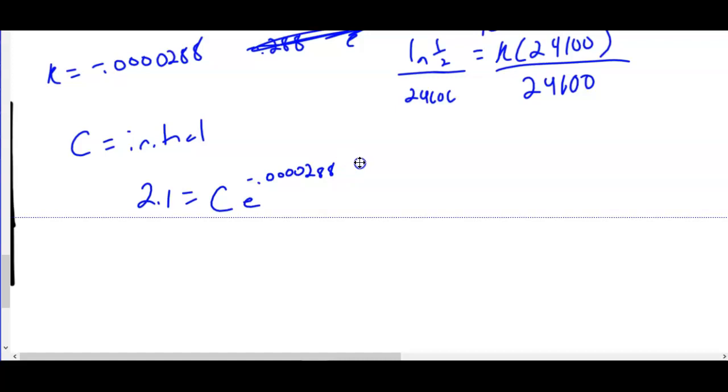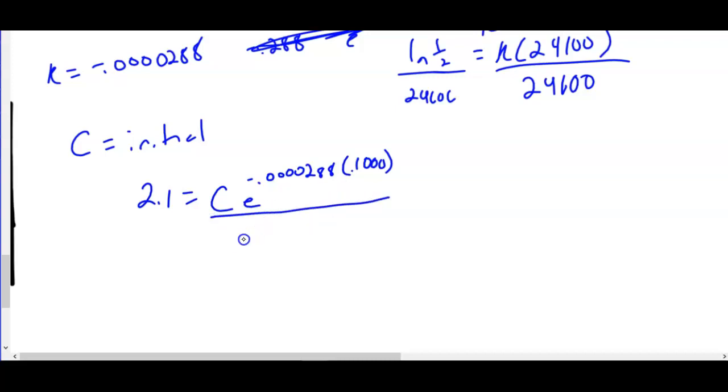Times 1,000 years. It told us 1,000, so we don't need that other number. We need 1,000 years. Sorry about that. So now we just solve it. How I'm going to solve this is I'm going to go ahead and divide by e raised to the negative point.